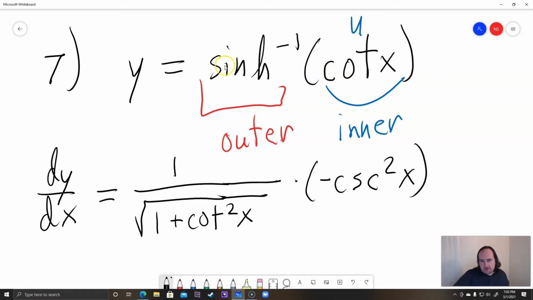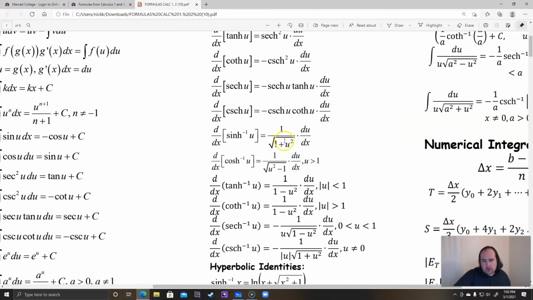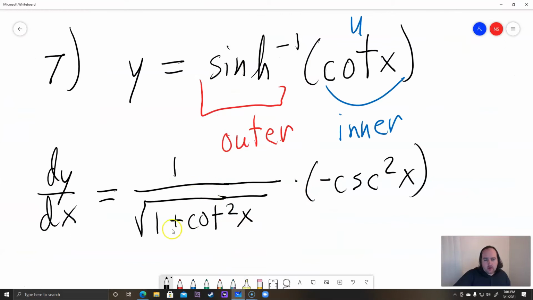But the outer function is the inverse function of hyperbolic sine. So that's Cinch inverse. So what we did there is we had 1 over the square root of 1 plus u squared times du dx. Here our u was cotangent. So that's how I got 1 over the square root of 1 plus cotangent squared of x times negative cosecant squared of x.